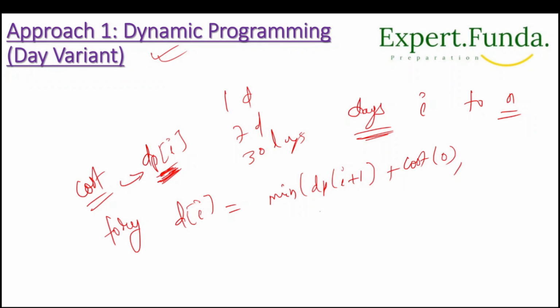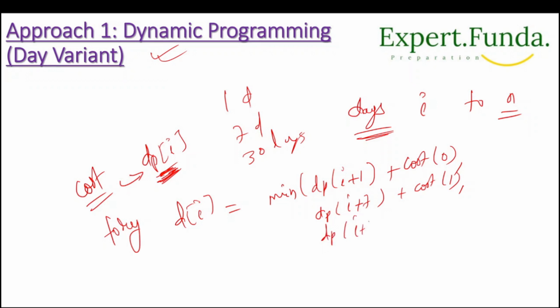And similarly we'll take dp at I plus 7 plus cost of 1. And we can take one more thing, because we have 3 choices: dp of I plus 30, and plus cost at 2. So we'll do this one.